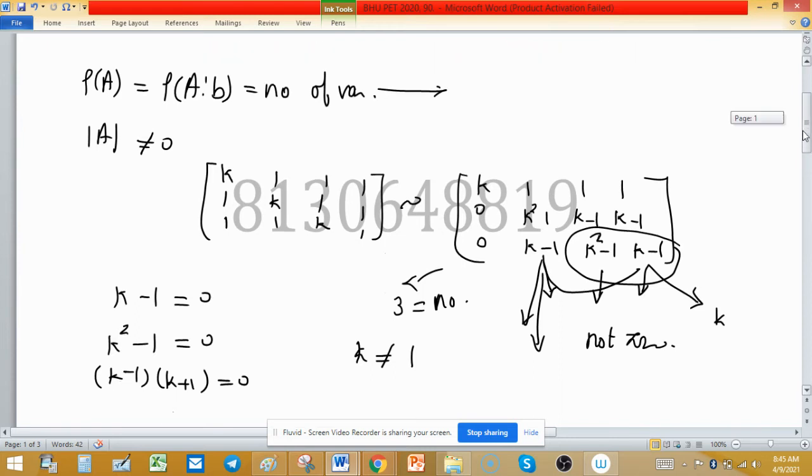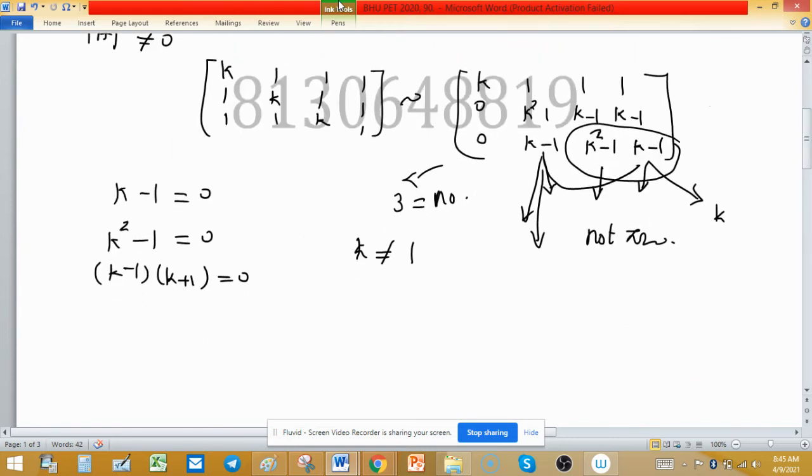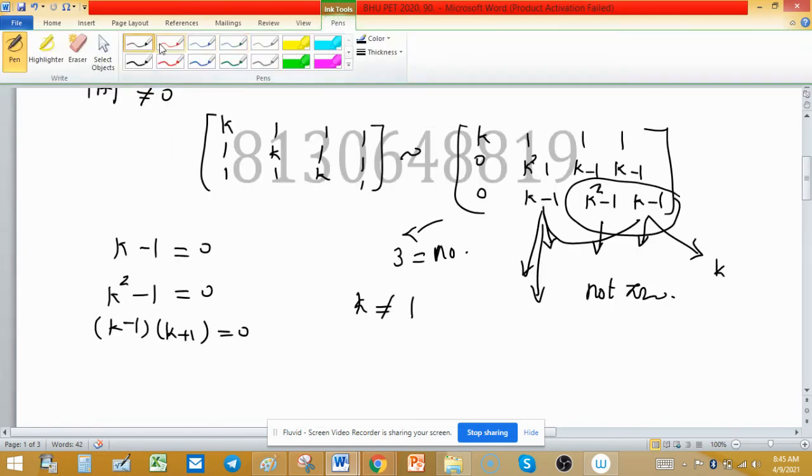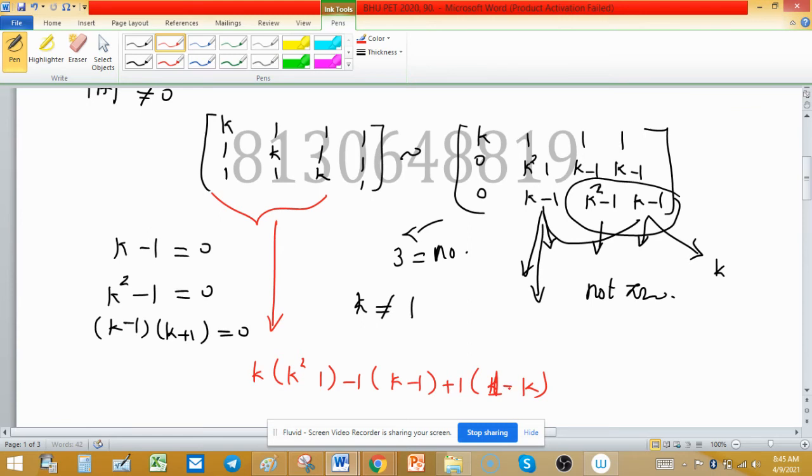So approach this problem by determinant. We are going to find the determinant of this coefficient matrix, expanding this matrix along the first row. So k square minus 1, minus 1 times k minus 1, plus 1 times 1 minus k.